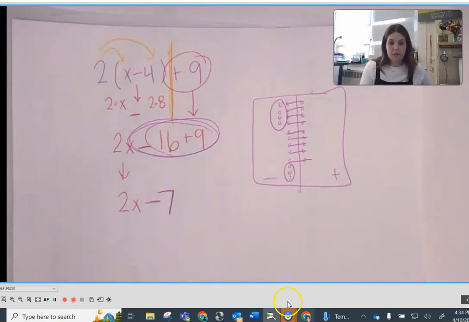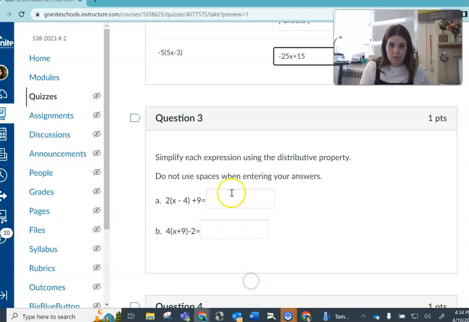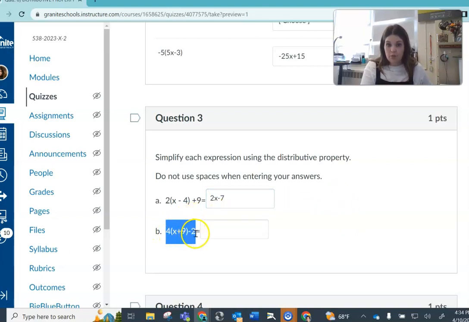2x minus 7. So what I'm going to enter into Canvas for this problem is 2x minus 7 with no spaces. You guys now do this bottom one. You're going to multiply 4 times x, keep the plus, 4 times 9, and then minus 2.